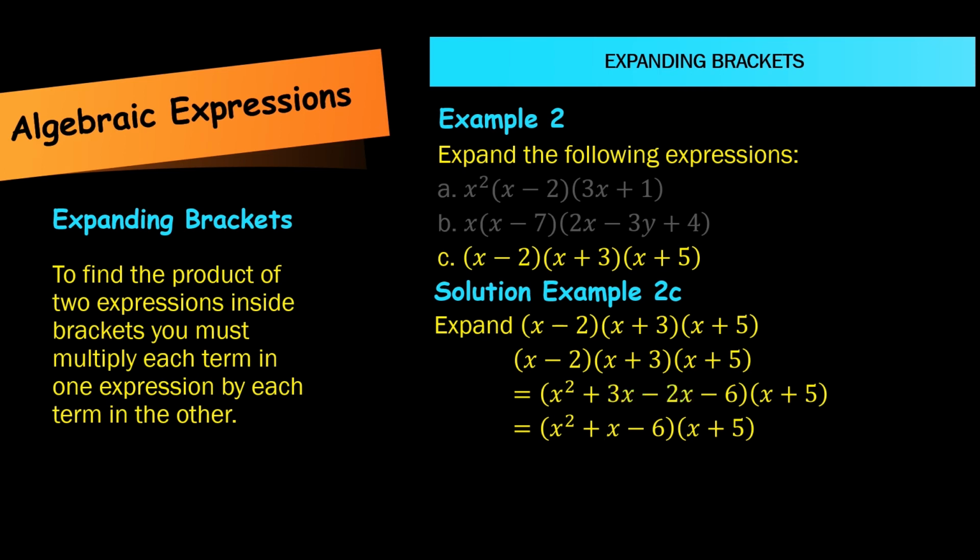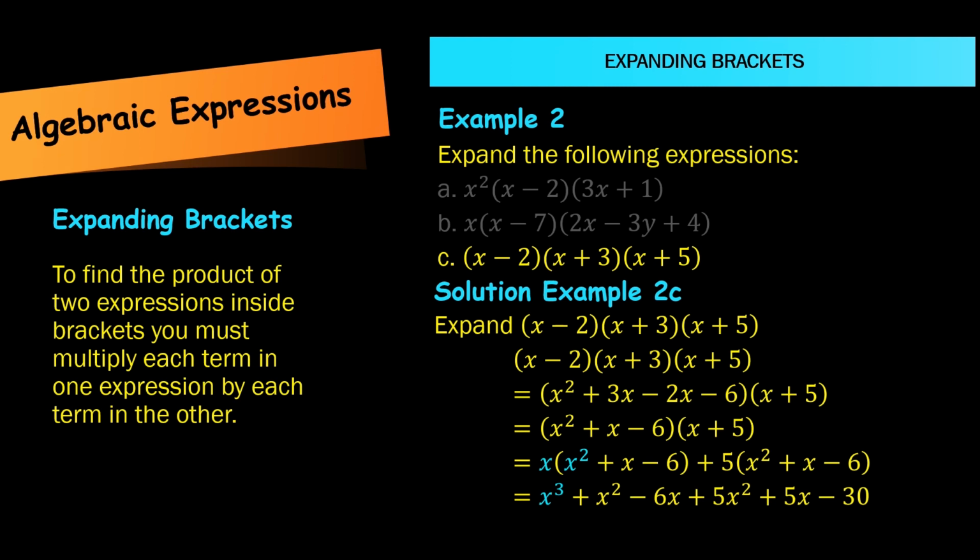Now expand. So the first term in the second pair of brackets multiplied by the first pair of brackets. And similarly for the second term. And now we expand as shown.